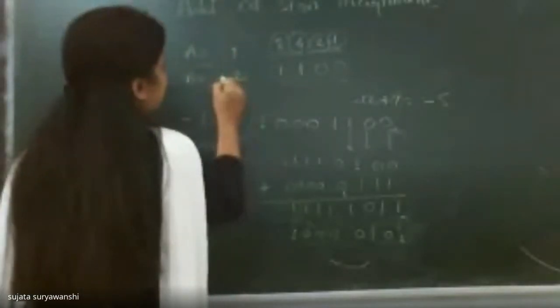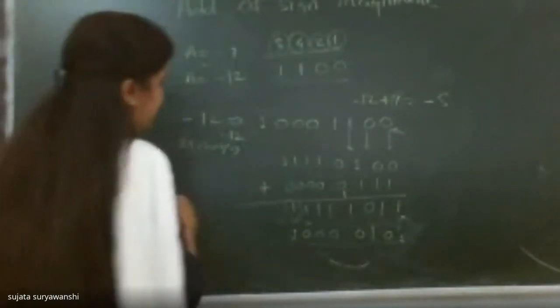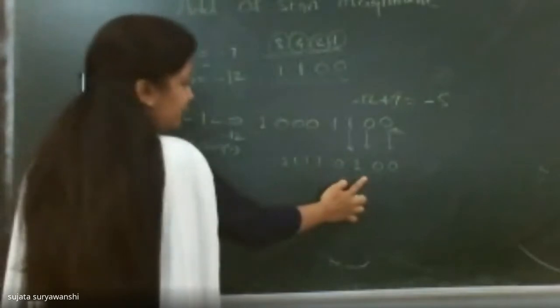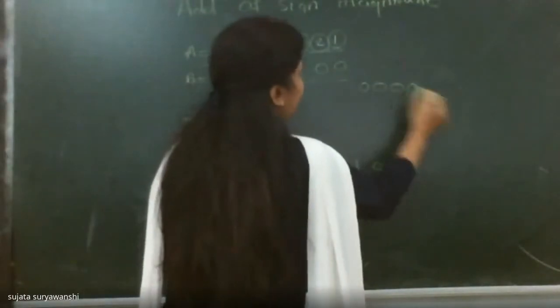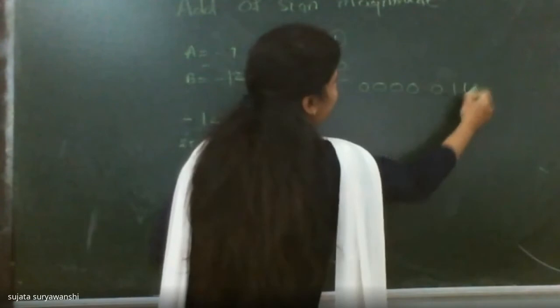Suppose we consider the same example here: -7, -12. Here this is the magnitude. Suppose this is the 2's complement of 12. Now we'll see the 2's complement of 7. How to represent it? 0, 0, 0, 0, and then 0, 1, 1, 1. Is it visible, everyone? Okay.